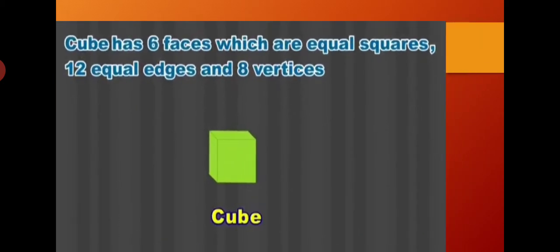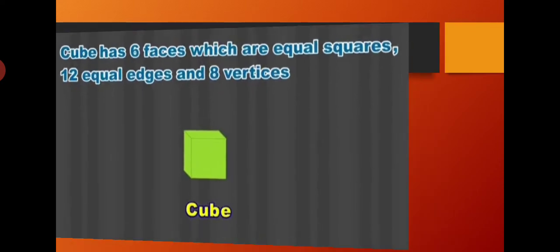Now, first shape is cube. A cube has 6 faces which are equal squares, 12 equal edges and 8 vertices. You know this very clearly. But in this module, you can see where are the 6 faces, where are the 12 equal edges and where are the 8 vertices.